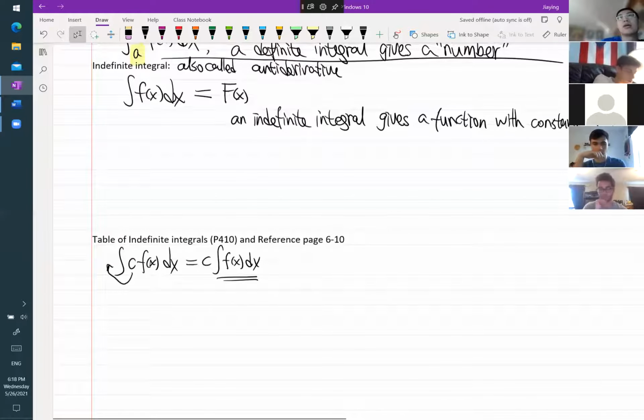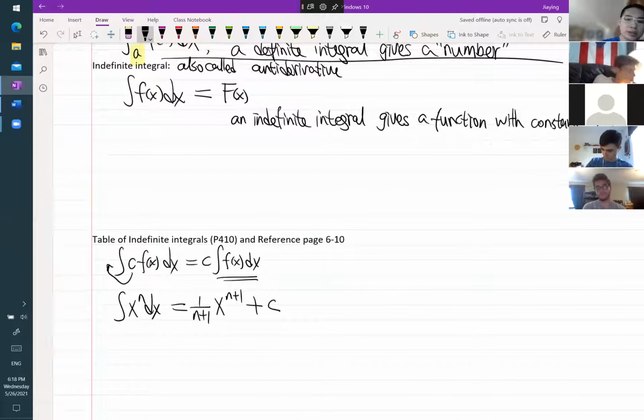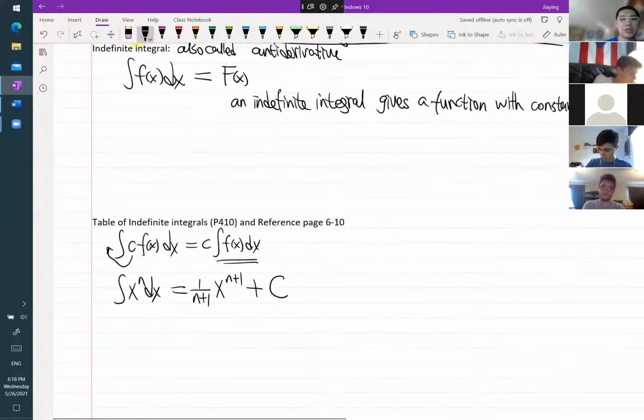And if we're integrating x to the n dx, we remember that we use the reverse of the power rule in differentiation. So we add 1 to the exponent, so x to the n plus 1, and then divide by the new exponent. But don't forget there's a c there. This is a capital C, that's a constant.